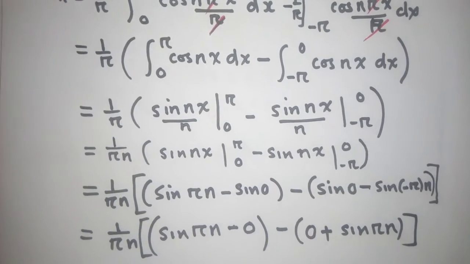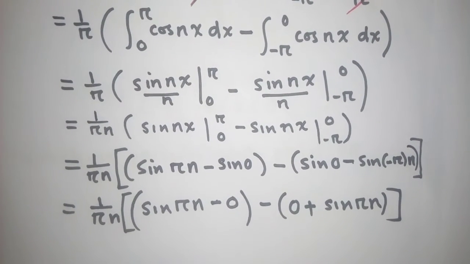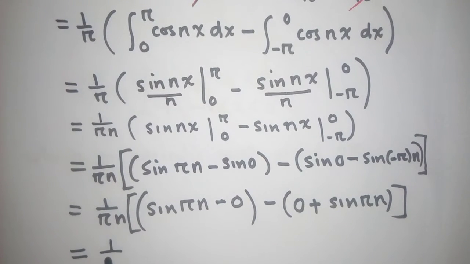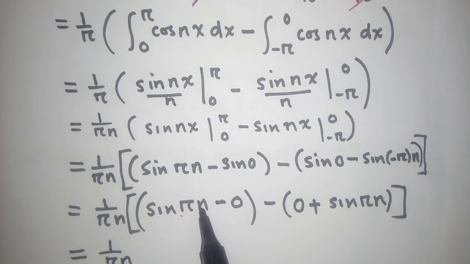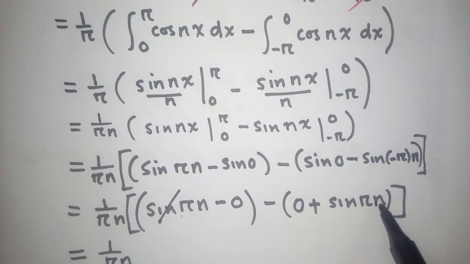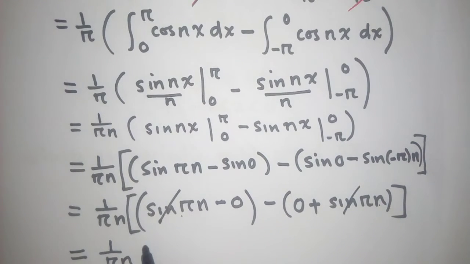So this is what we have now. If you are able to see nicely all this function, whichever number we're going to put at n here, this will just give us a 0. So meaning all these will give us a 0.